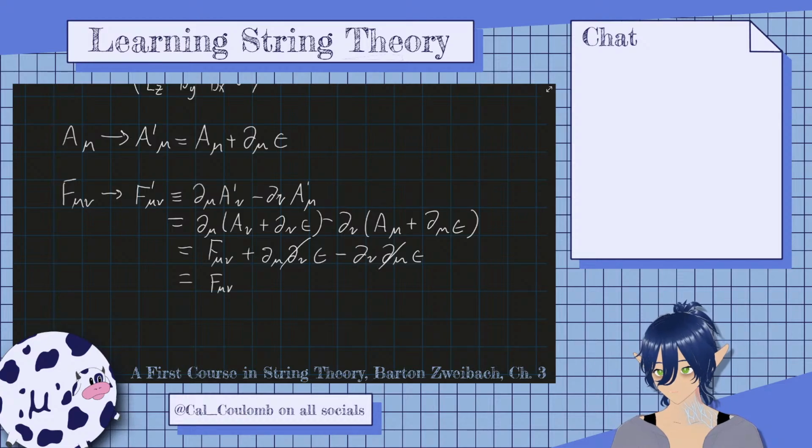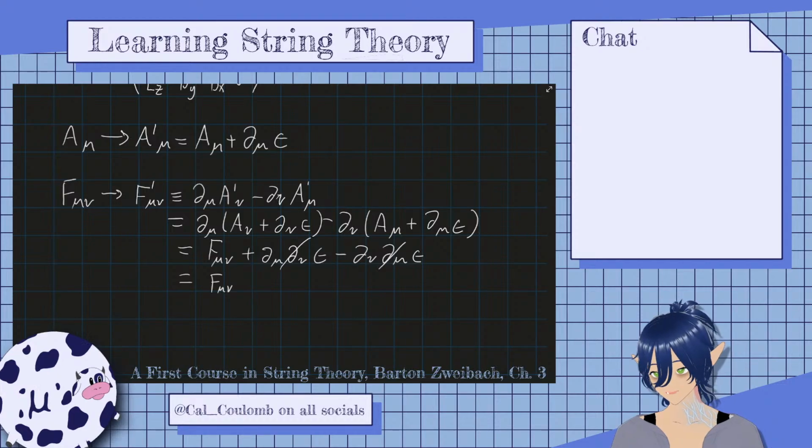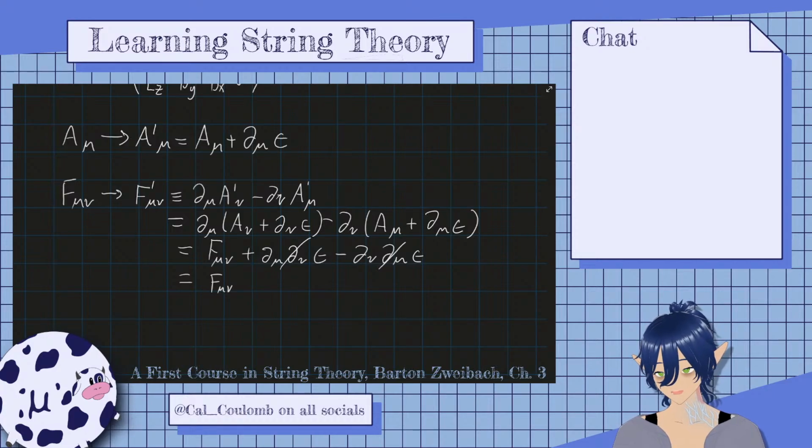Recall that the use of potentials to represent E and B automatically solves the source-free Maxwell equations, 3.1 and 3.2. How are these equations written in terms of the field strength F mu nu? They must be written so that they hold when 3.15 holds. Consider the following combination of field strengths.